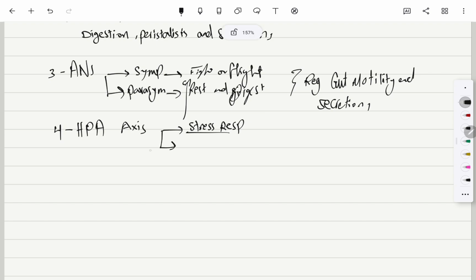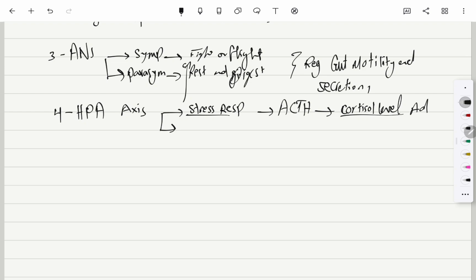How does the hypothalamic pituitary axis control stress? By secretion of ACTH, which leads to increased cortisol level from the adrenal gland, which is the hormone of the stress.